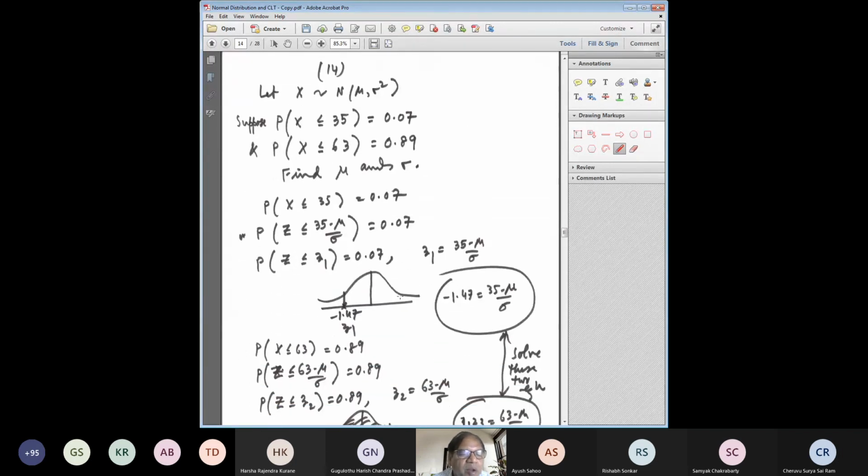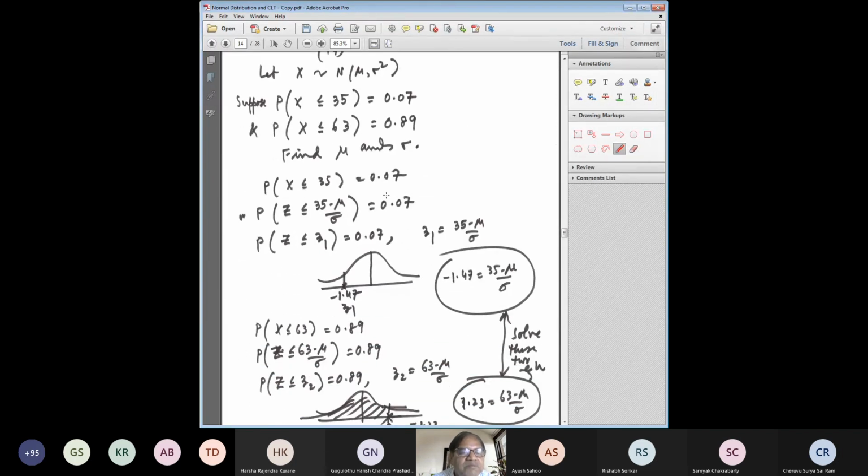Another type of problem is where you will be given the areas, meaning respective probabilities, and you need to estimate the parameters. Sometimes you need to estimate one parameter, sometimes two parameters, meaning both mu and sigma square. Two parameters require two equations, one parameter requires one equation.